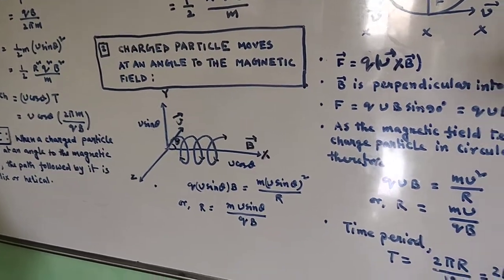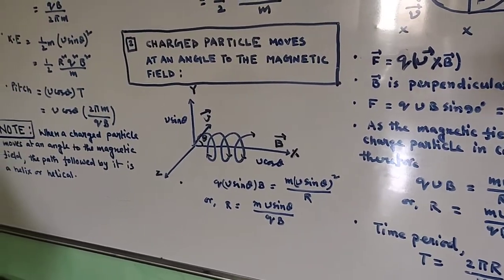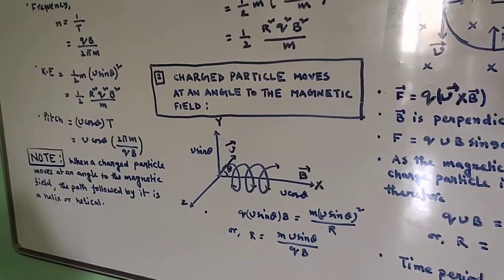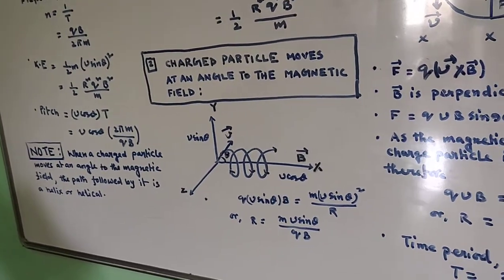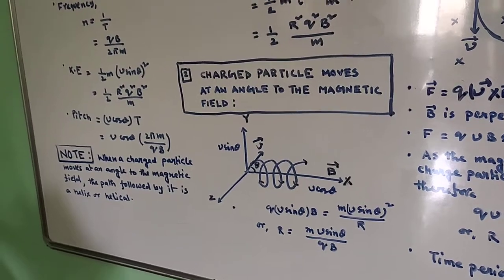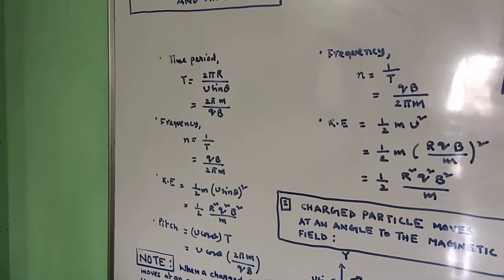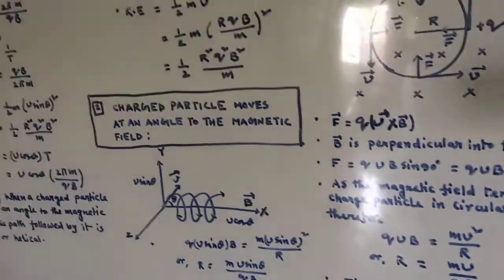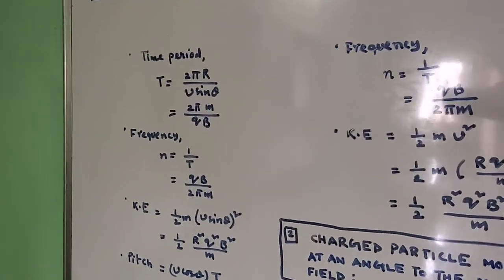All the expressions we got earlier can be obtained here by substituting v sin theta in place of v, because v sin theta is perpendicular to B. So r is the mean radius of this helical path, m v sin theta by qB. Now the time period, again we get from 2 pi r by v, where instead of v we use v sin theta.